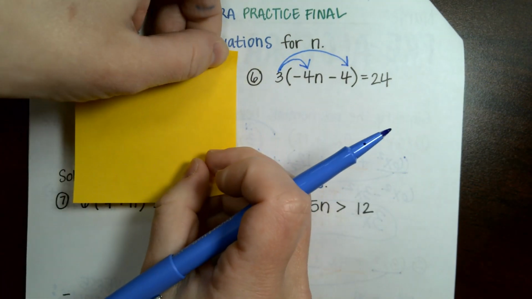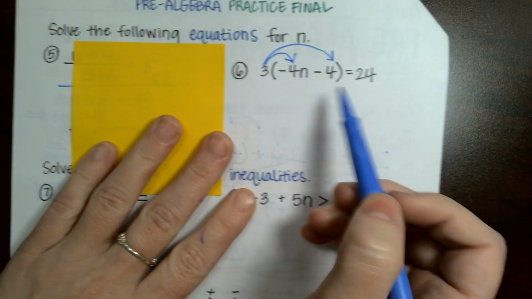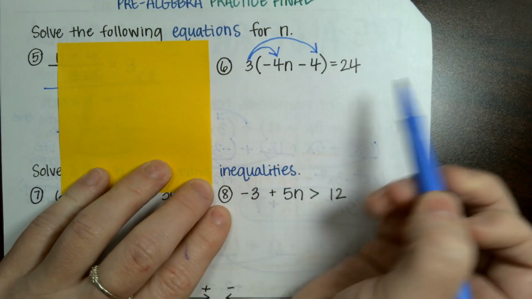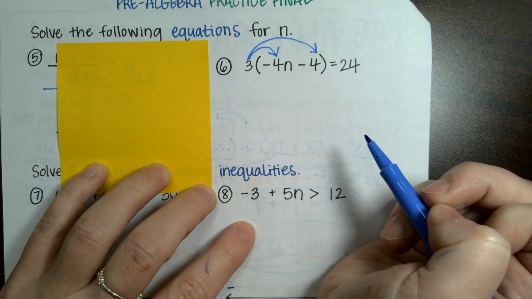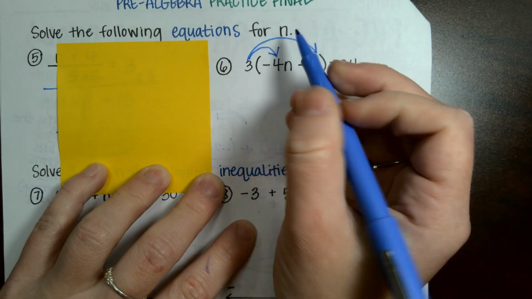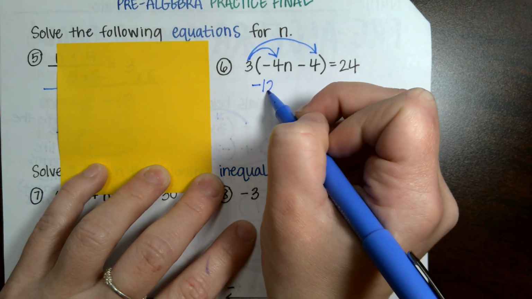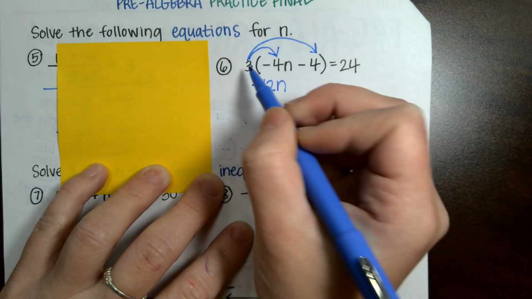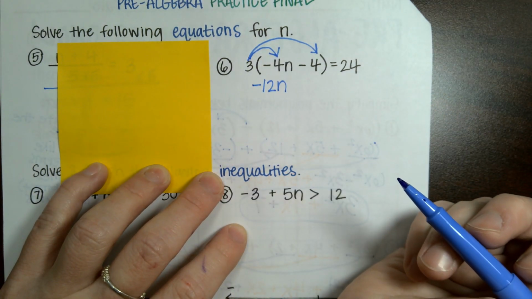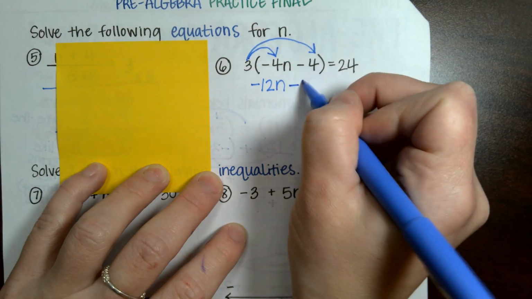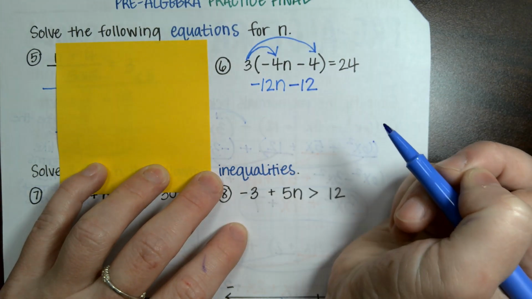I'm going to put up a little sticky note. Let's do distribution first, since I've already got the arrows written. So what is 3 times negative 4n? Good. Negative 12n. And 3 times negative 4? Negative 12 again. So negative 12n minus 12.